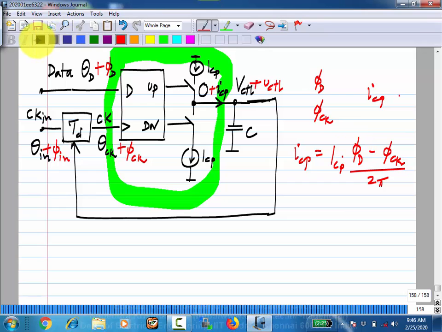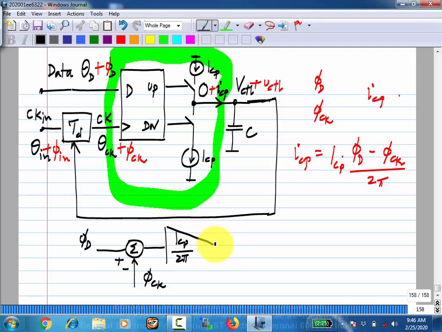If I had to draw a block diagram for this, it would be phi d, phi ck, and this is the phase difference, and that is multiplied by ICP by 2 pi, which is the gain of the phase detector. This gives me ICP.